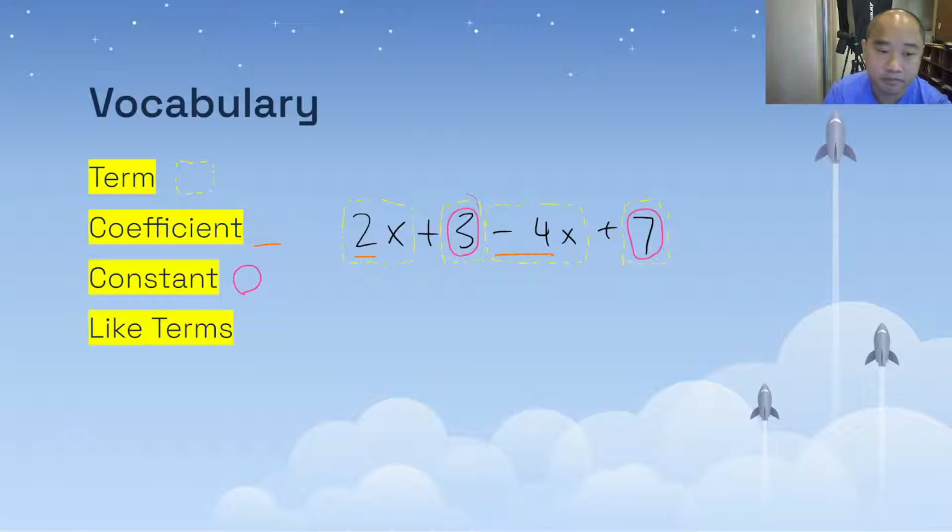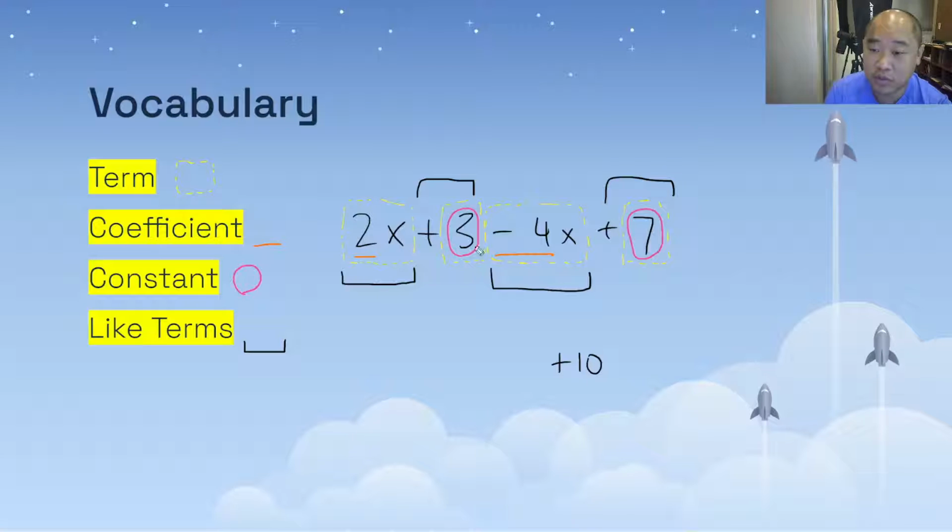Okay? Like terms are pieces that can be combined. So the 7 and the 3 can be combined to form a new constant, which would be 10, right?